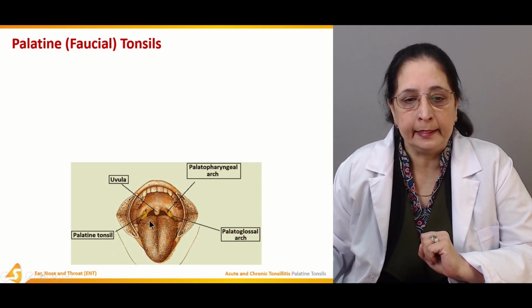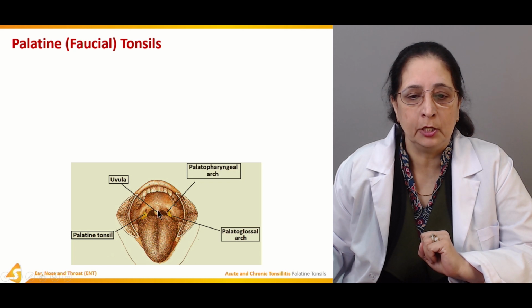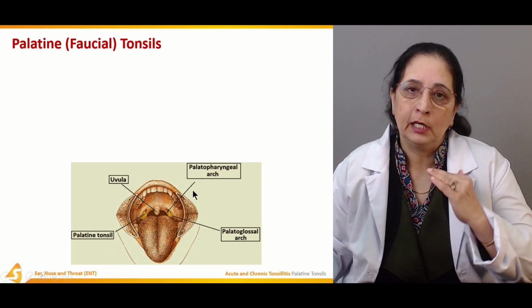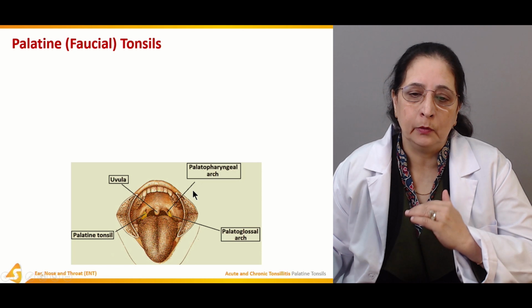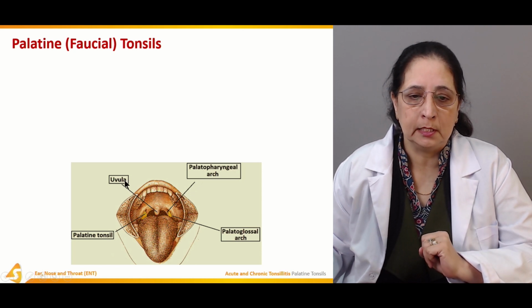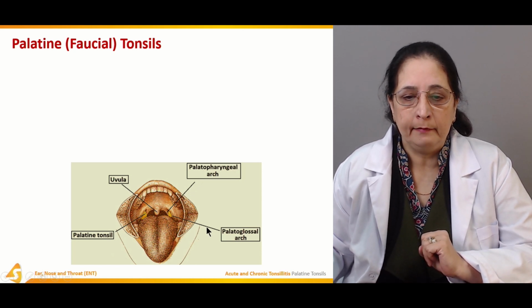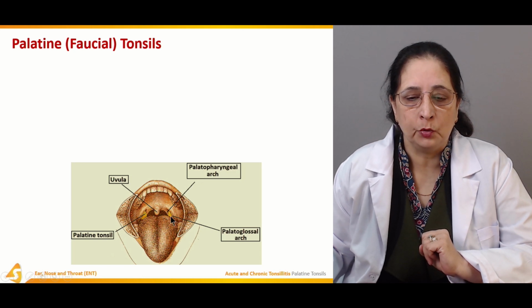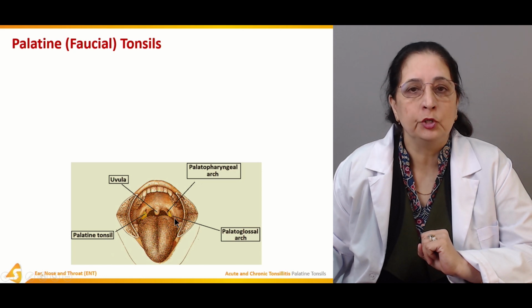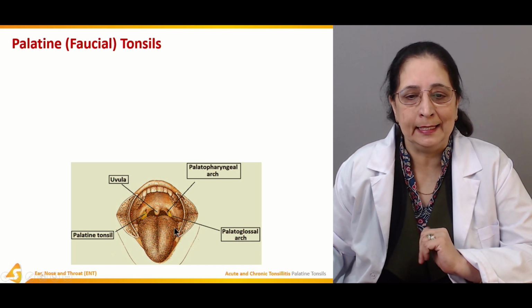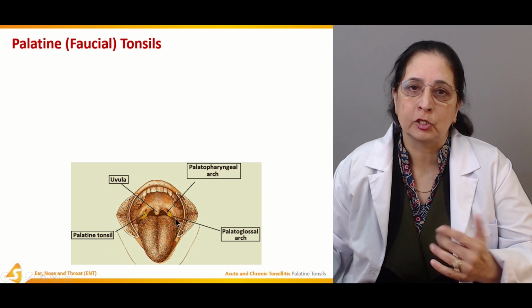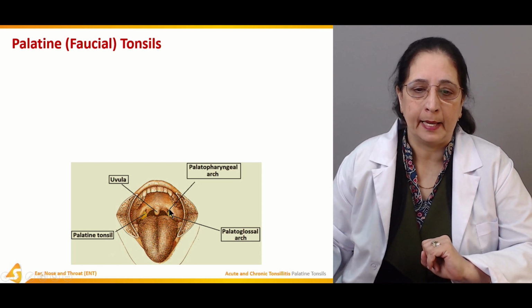Then this hanging structure is the uvula. Uvula can be easily seen in the open mouth also. Then we have the palatoglossal arch. This structure is the palatoglossal arch between the tongue, which is the glossal, and then the palate here.